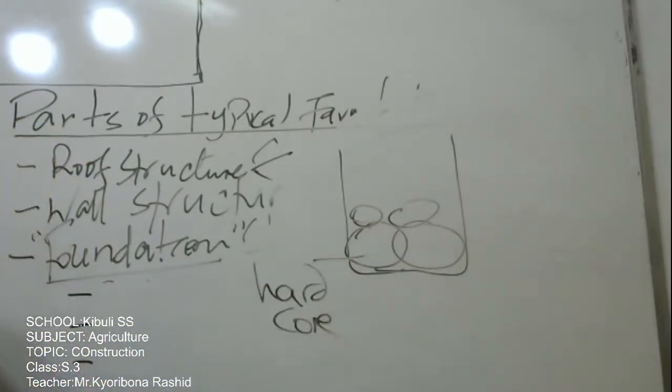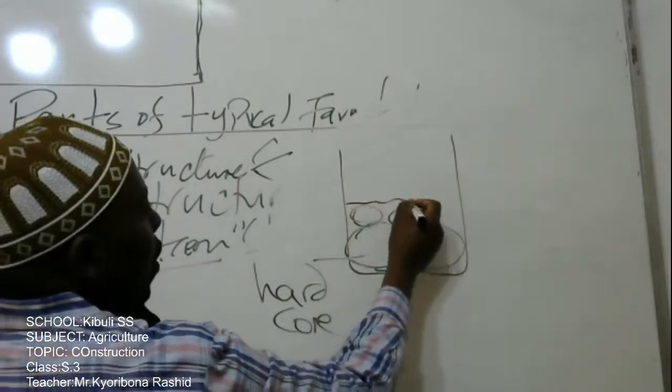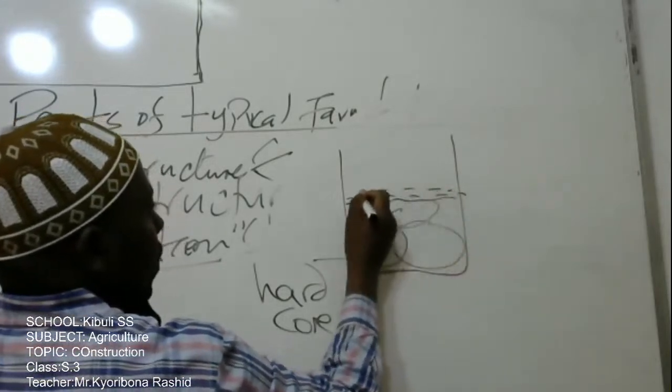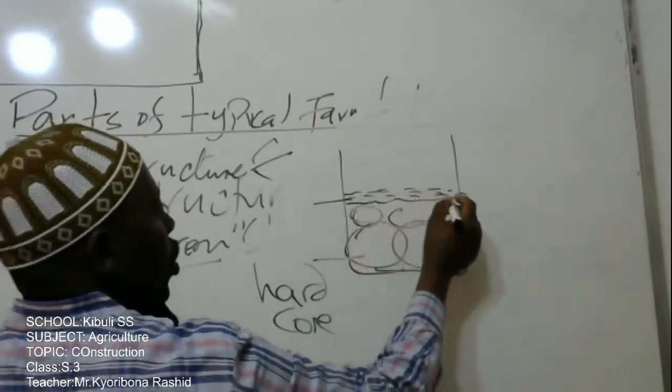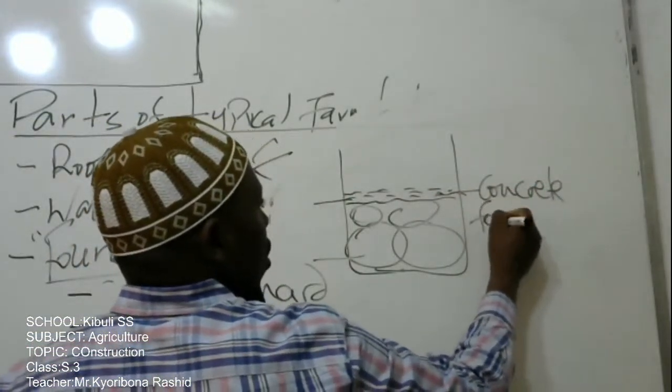Big stones are the ones we first drop there in the pit. Then we follow them with a concrete footing. So we could call it a layer of concrete. We say concrete footing.